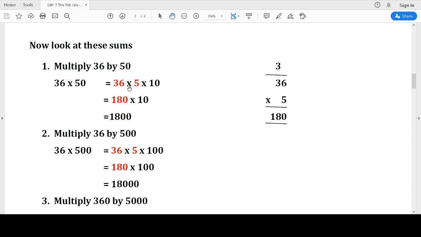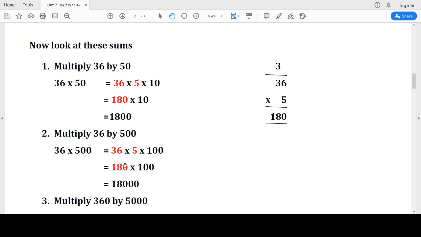So you just multiply 36 into 5. 36 fives make 180. So I will write 180 into 10, that makes 1800. Similarly, if you have to multiply 36 by 500, first I will write 36 into 5, and 500 can be written as 5 into 100.